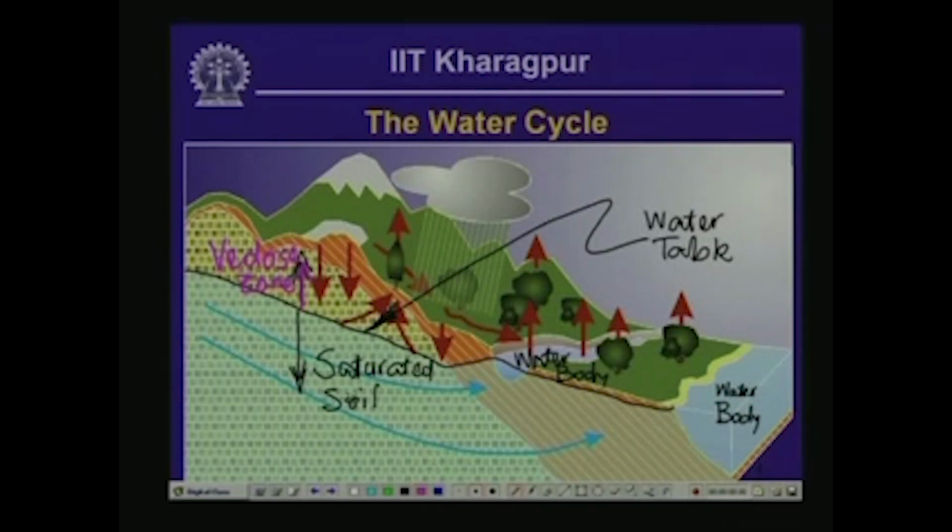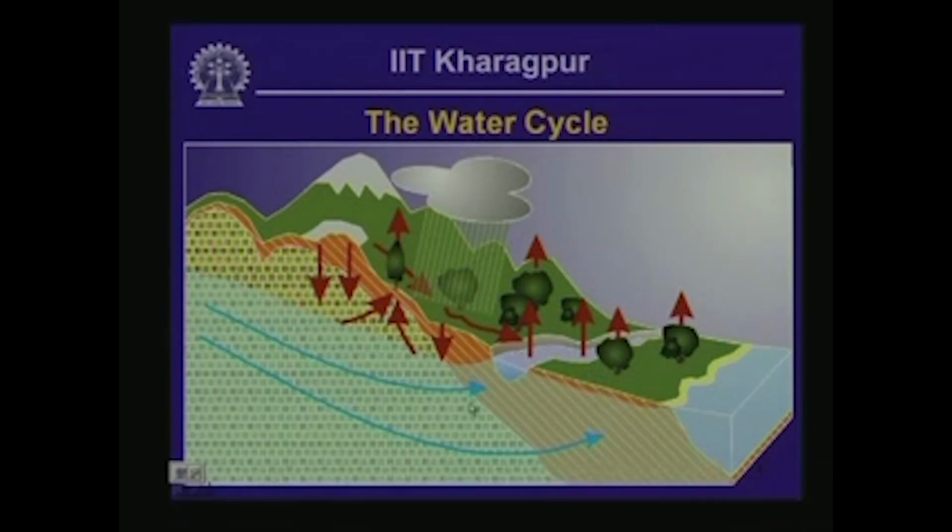A portion of the vadose zone can be partially saturated because of capillary rise, as we have already discussed. Okay, now let's get back to where we were.